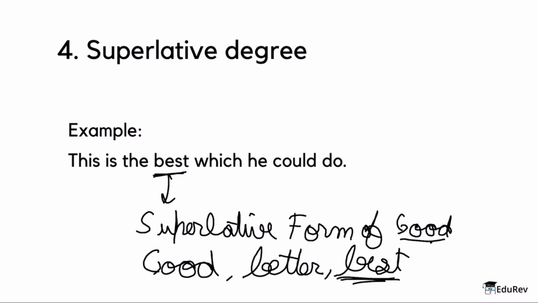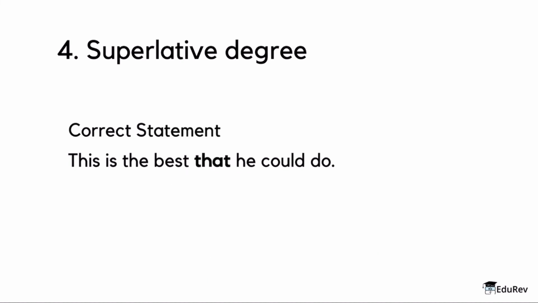So best is the superlative form. And we know after best, which is a superlative form, which will not be used, and instead of which, that will be used. So the correct statement here will be: this is the best that he could do. As you can see, the correct statement is that this is the best that he could do.